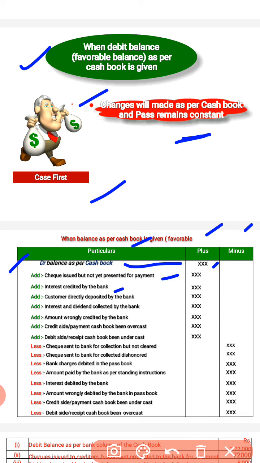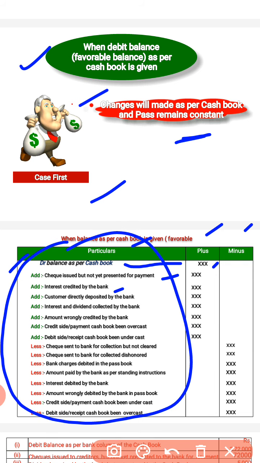Interest credited by bank means the bank has added this amount in our account, so we have to add. We have discussed these items earlier, so you have to see the items in your question and accordingly write them on the plus or minus side. Clear? But firstly you have to see which balance is given in the question, and according to that you add and less the items.